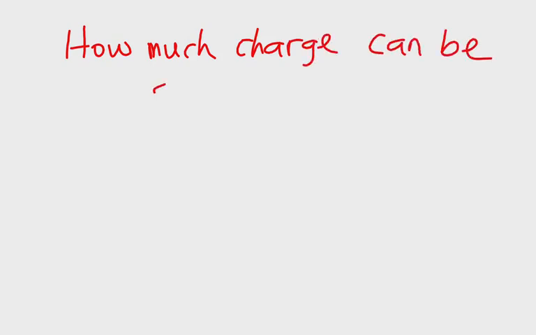Now look at the capacitor. When you see a capacitor, how can we say that in this type of capacitor, this is the amount of charge that it can store? Because we have another capacitor that can store more charge. So how do we know the quantity of charge that a capacitor can store?